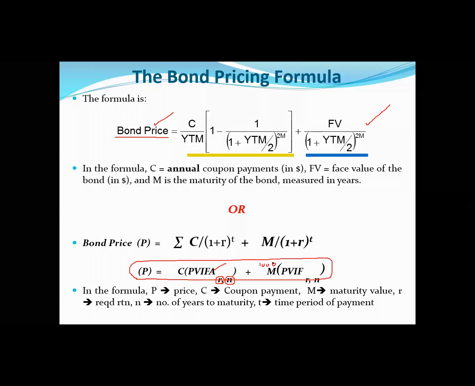Maturity value is going to be 1000 into present value interest factor. Please understand, here there is annuity, here there is no annuity. The rest of the things in this bracket remain the same. Now can anyone tell me the difference between present value interest factor annuity and just present value interest factor?